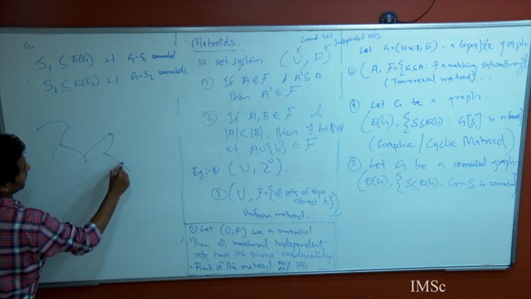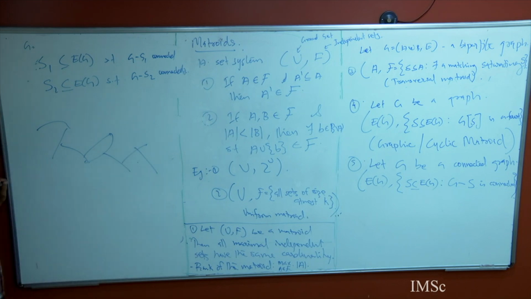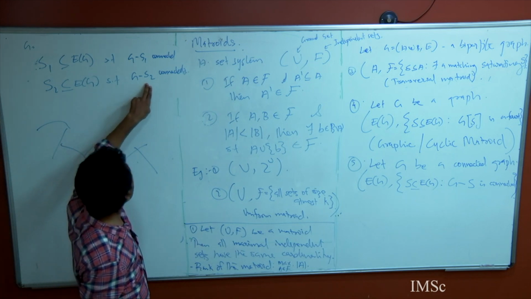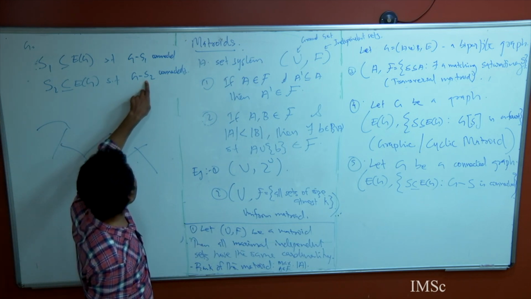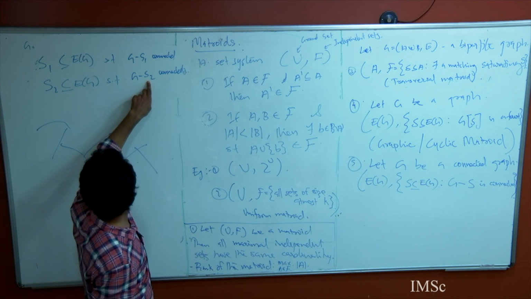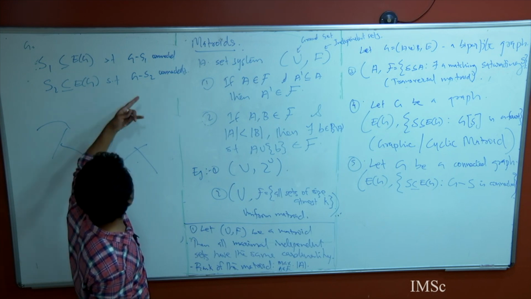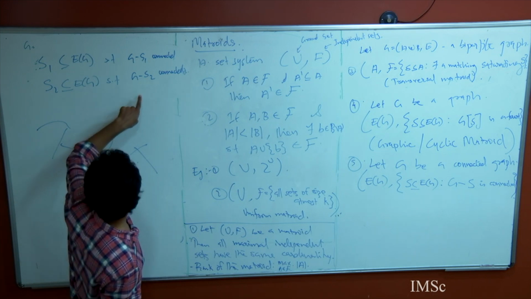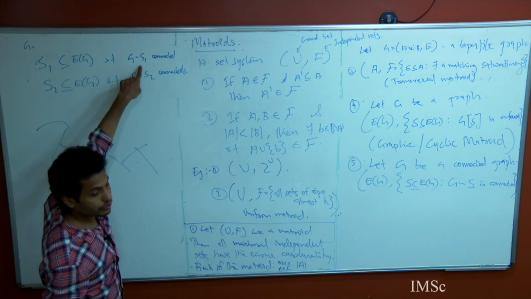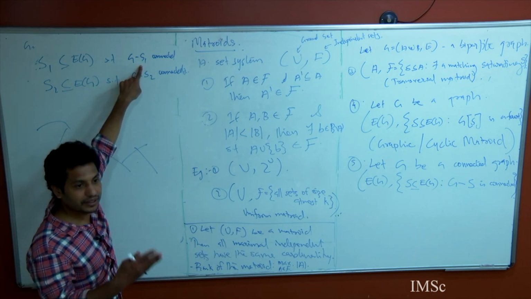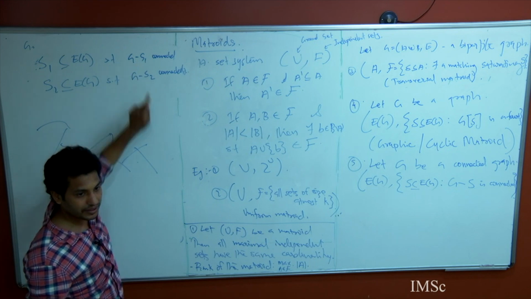It may have cycles, everything. Now, when do we say that we cannot find an edge which we add to S1 and still get an independent set?